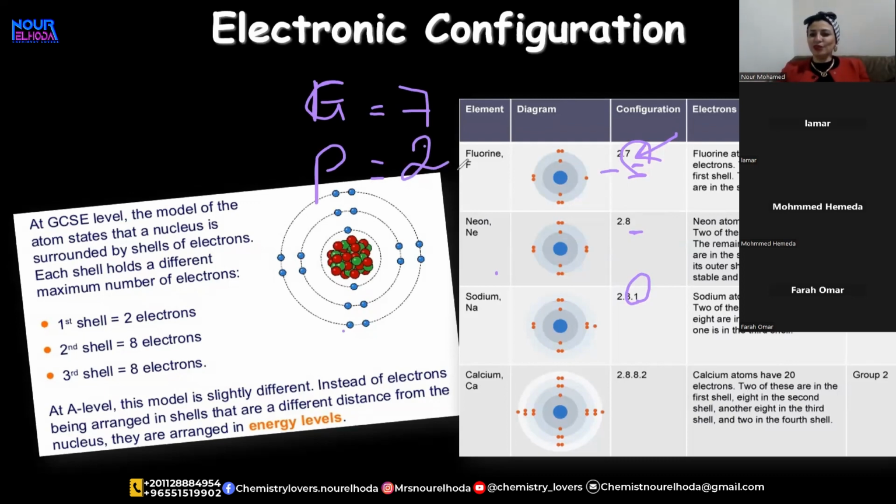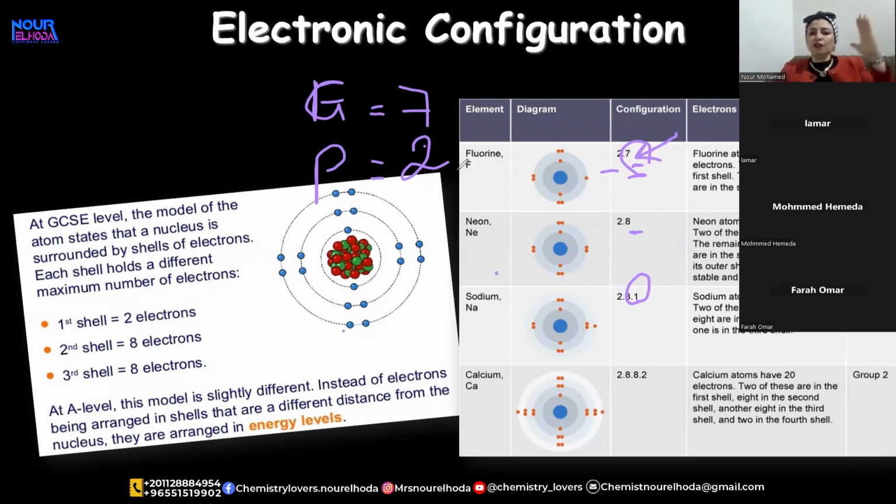For the ones who don't know what groups and periods are, from scratch: in the periodic table, from up to down, these are groups, group 1, group 2, group 3, group 4, and so on. And from left to right, we have periods. Next class, inshallah, I'm going to have the periodic table so I can show you the elements while we are working.